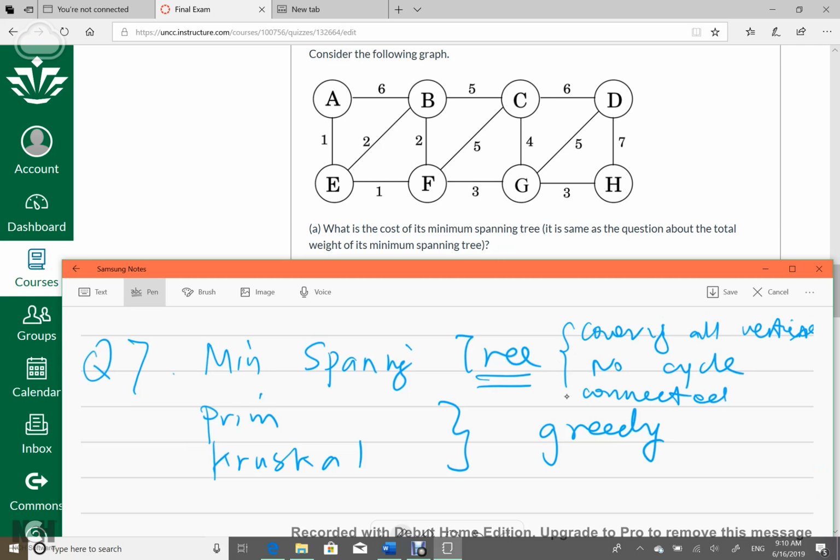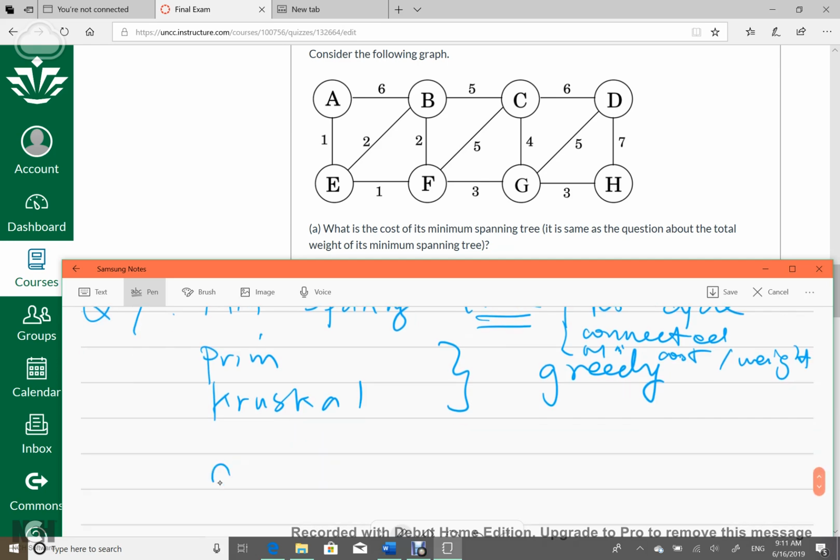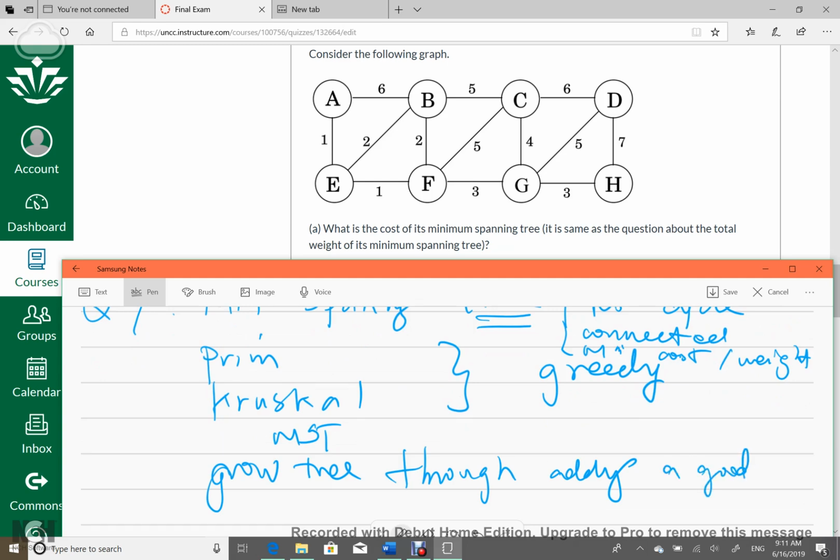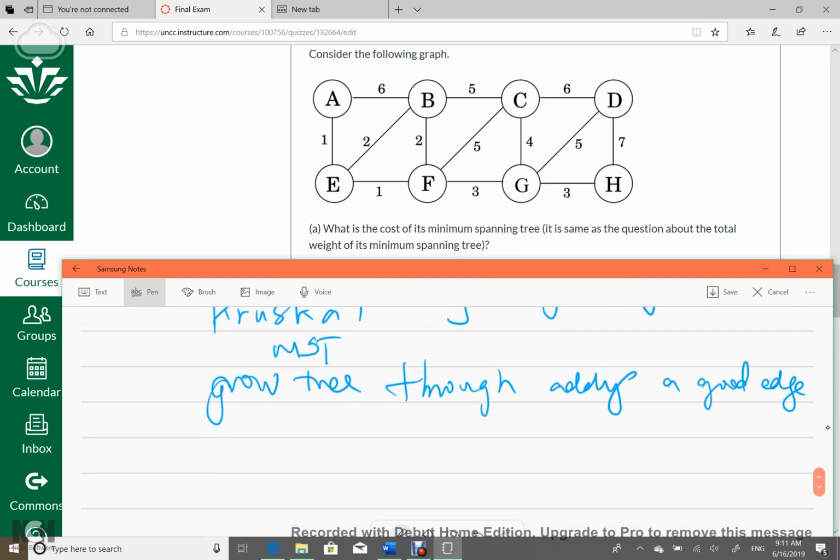And also the cost should be minimum cost, right? Also corresponding to minimum weight is the same. So they have different ways since you want to grow the tree, right? Grow the minimum spanning tree through adding a good edge, the best edge.